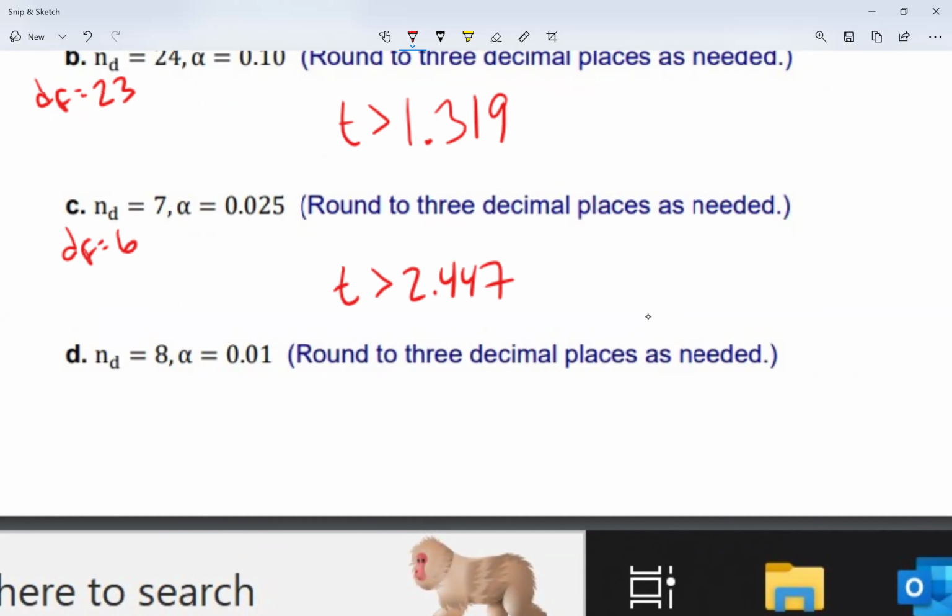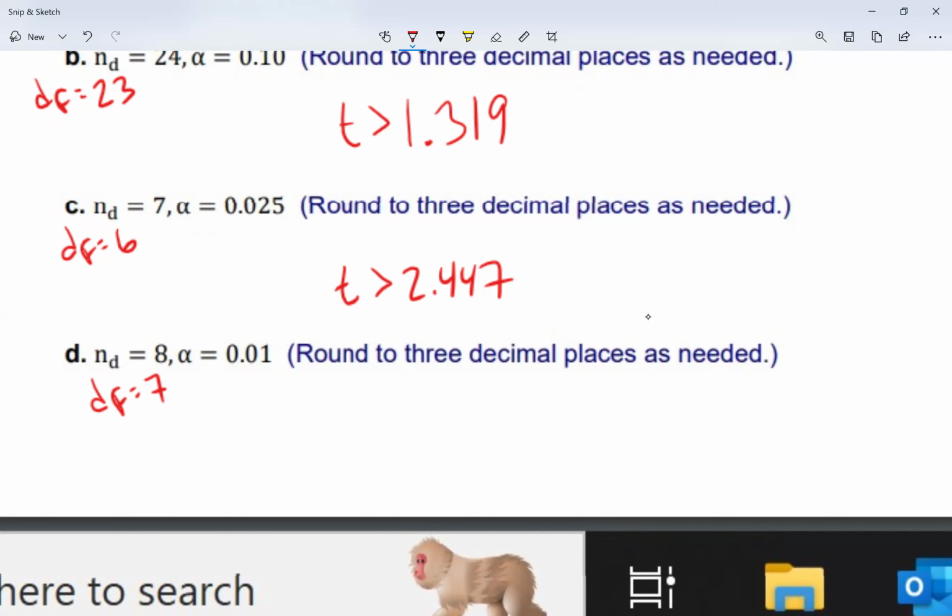Lastly, let's take a look. Degrees of freedom are 7. There's always one less. My alpha is 0.01. I'm not going to change the screen to the table, but you guys should have this in your notes printed. So my alpha is 0.01. My degrees of freedom are 7.